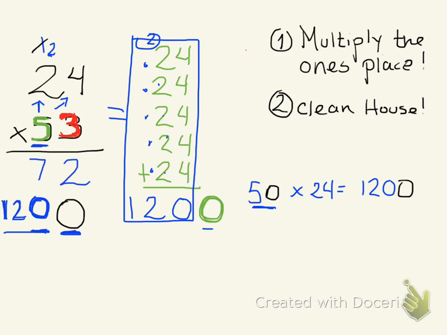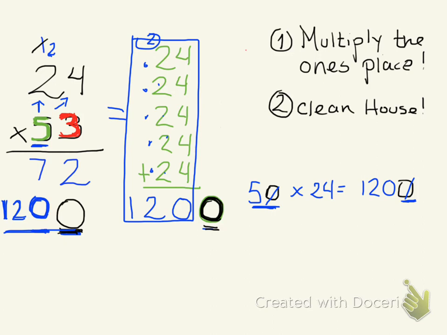Okay, so 50 times 24 means we just add an additional place value. There's that extra 0 again, right? That extra 0 that we put there is this extra 0 over here. Okay, because we're multiplying by 50, not 5. But we pretend it's 5 just to make it easier. So don't forget to put it in there.